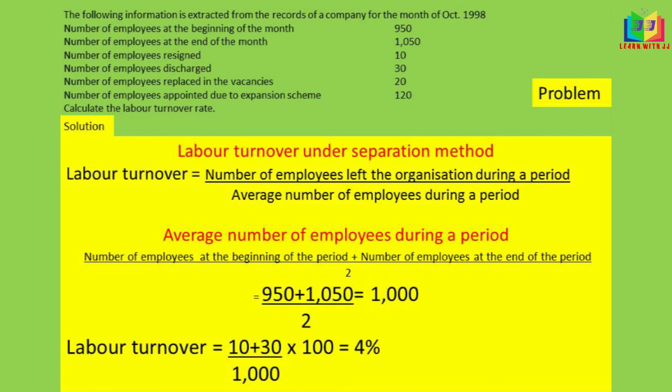Here in this problem, we have number of employees resigned, that we will take, and also the number of employees discharged. Both mean the same, that is the number of employees left. So we can take 10 plus 30 divided by 1000. So we'll get 4%. 4% is the labor turnover rate.